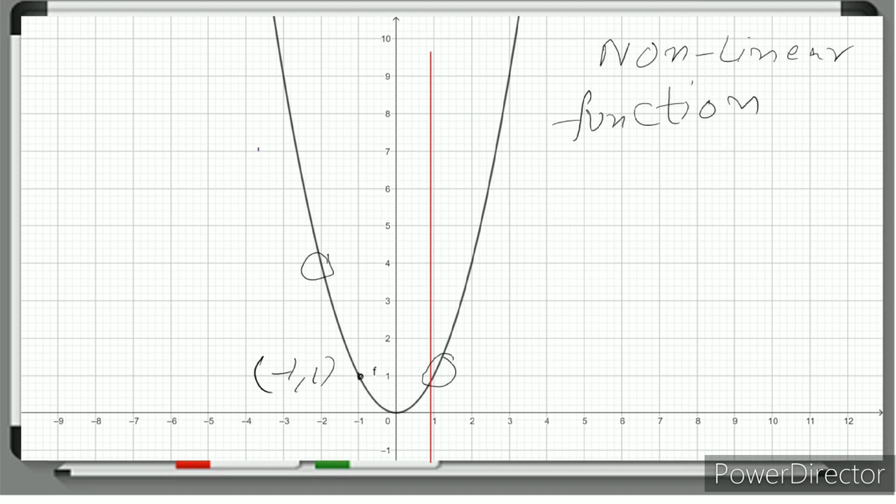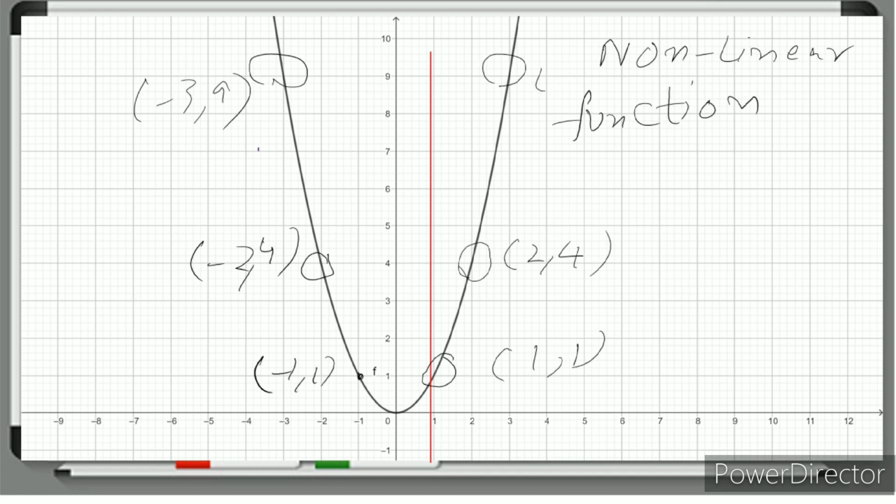This is the exact location, x -2 comma y 4, and if I take -3, this point, x -3 comma y 9, and if I take this side x 1 comma y 1, and this point x 2 comma y 4, and this point, boys, x 3 comma y 9.